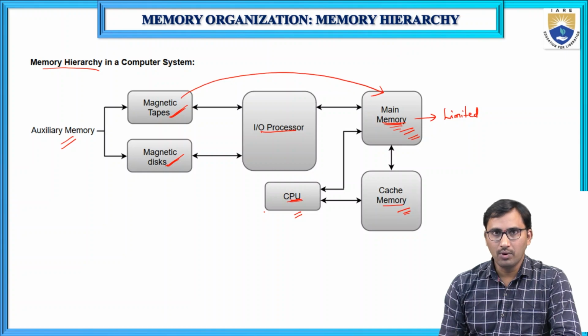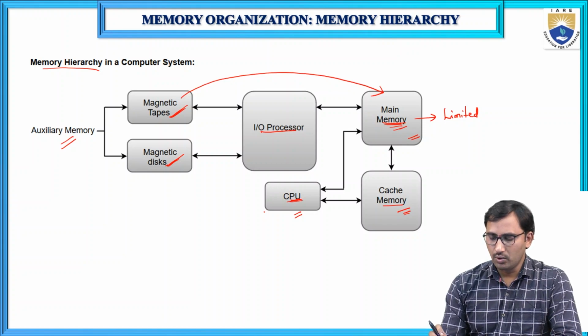If it is available, the CPU accesses it from the cache memory. Otherwise, the CPU goes to the main memory and searches there. If the data is not available in the main memory either, it will search in the auxiliary memory. When the data is present in the auxiliary memory, it is transferred to the main memory, and from the main memory it is accessed by the CPU.